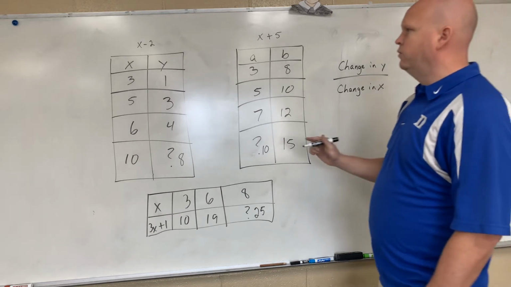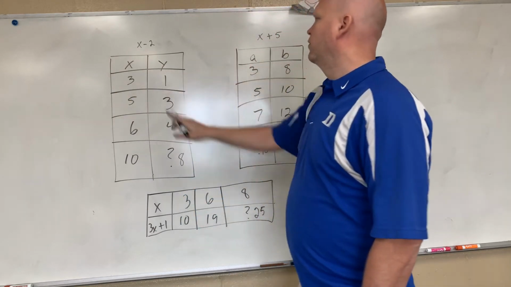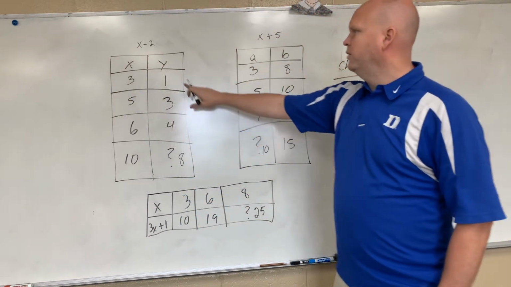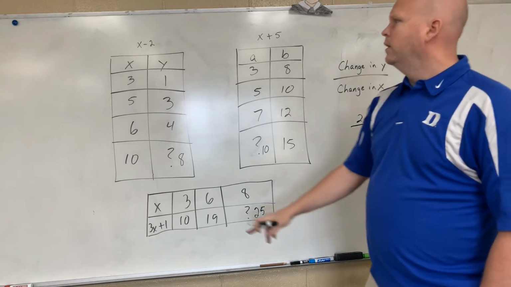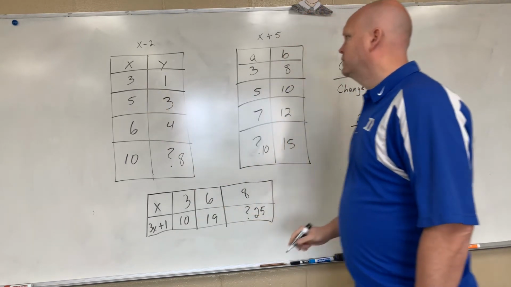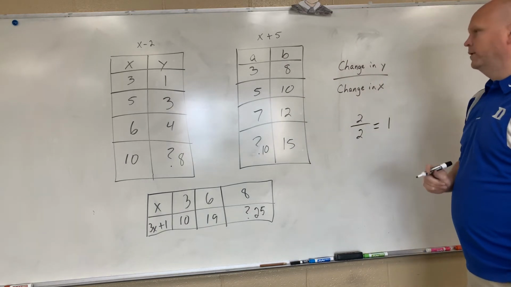So I take any two columns. If I want to take this one right here, the 3 and the 1 and the 5 and the 3, the change in y is it went up by 2, and the change in x is it went up by 2. So 2 divided by 2, which equals 1.